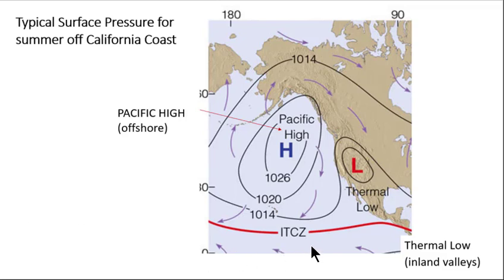Inland, strong summertime heating creates a shallow thermal low-pressure system. The resulting pressure gradient, or contrast over distance between strong high pressure offshore and lower pressure inland, creates strong onshore winds from the northwest direction blowing inland across California.